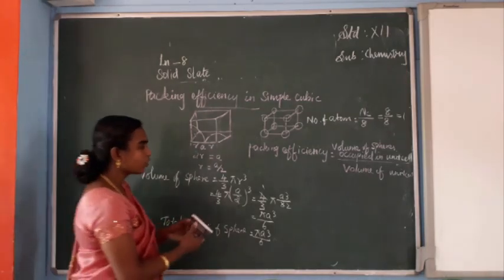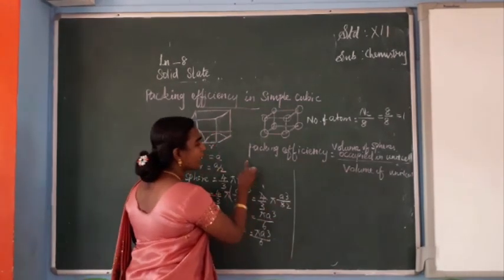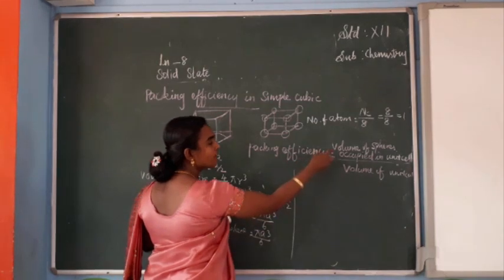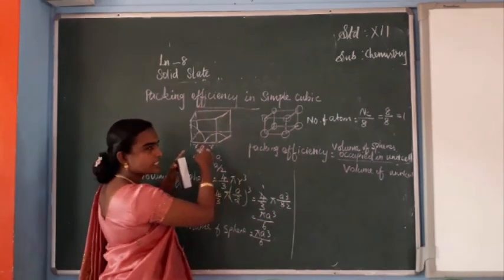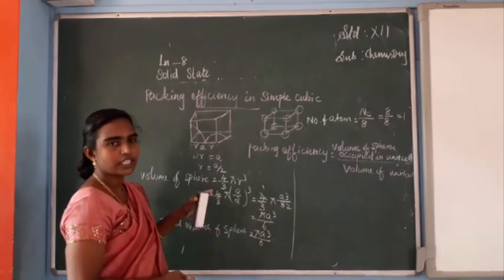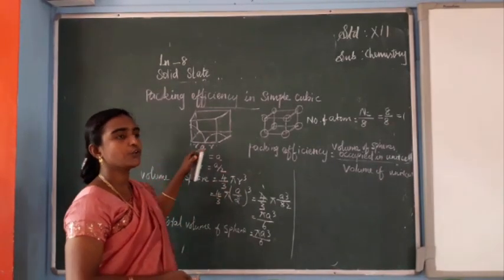So how can we calculate the packing efficiency? Packing efficiency is equal to the volume of spheres occupied in one unit cell divided by the volume of the cube, isn't it?